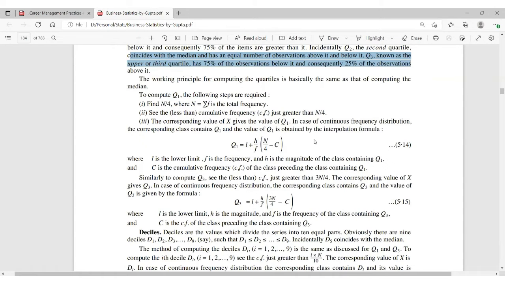In this, n by 4. Clear? In that case, for the individual series, what have we done? That is n plus 1 by 2, right? For the median.